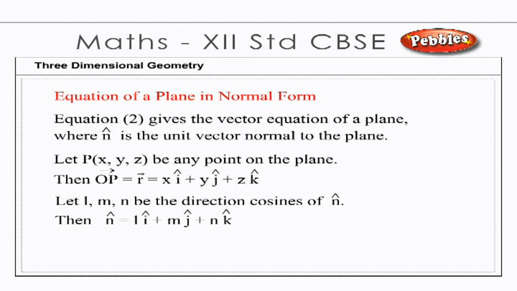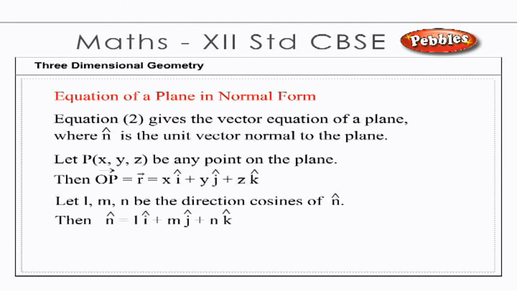Equation of a plane in normal form. Equation 2 gives the vector equation of a plane where n cap is the unit vector normal to the plane. Let P(x, y, z) be any point on the plane. Then OP vector = r vector = x i cap + y j cap + z k cap. Let l, m, n be the direction cosines of n cap.